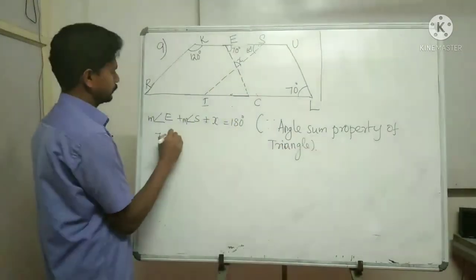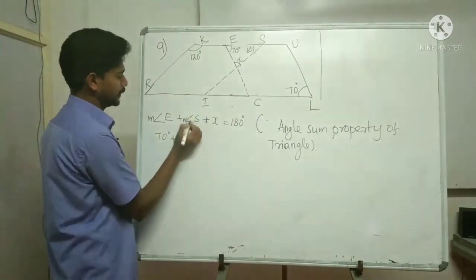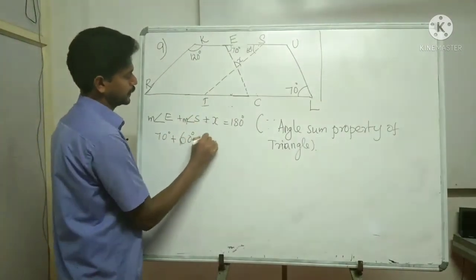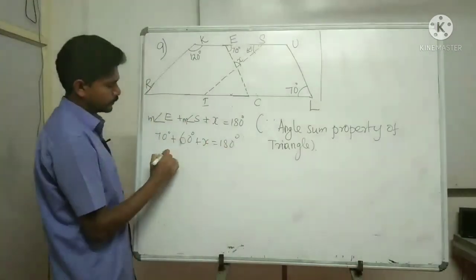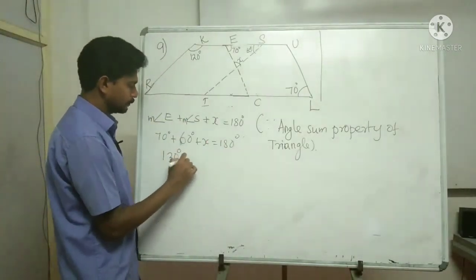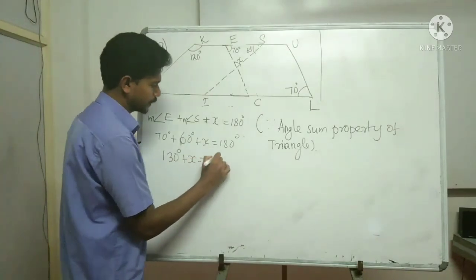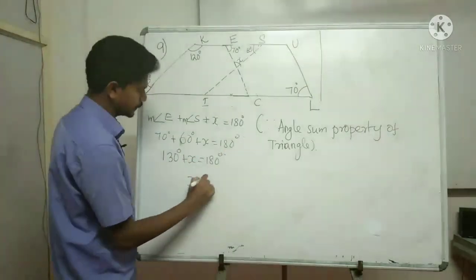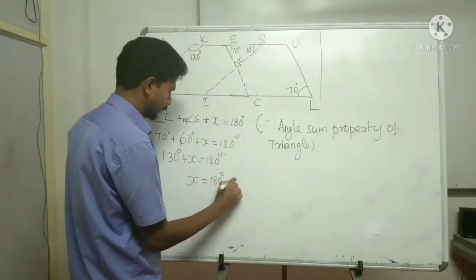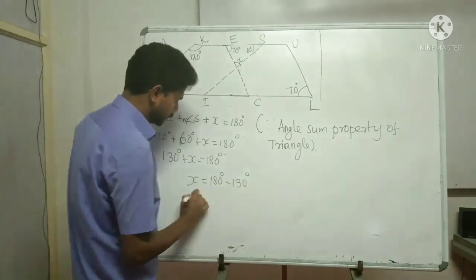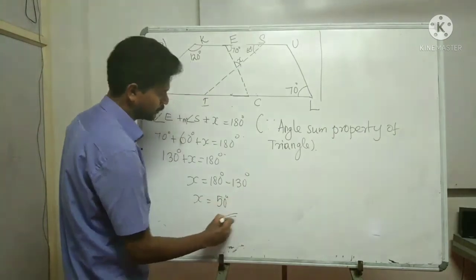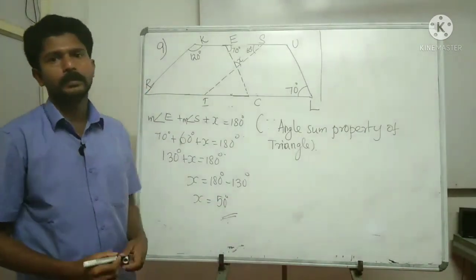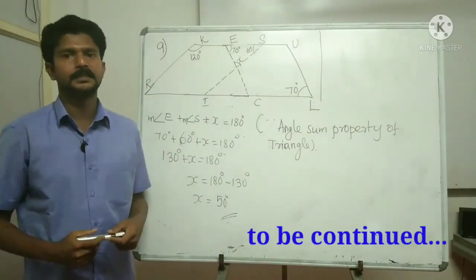So 70 degree plus 60 degree plus x is equal to 180. So when you add these two, we get 130 plus x is equal to 180. X is equal to 180 minus 130. X is equal to, when you subtract, we get 50 degrees. So x value is 50. Hope you understood. Let us see the next question.